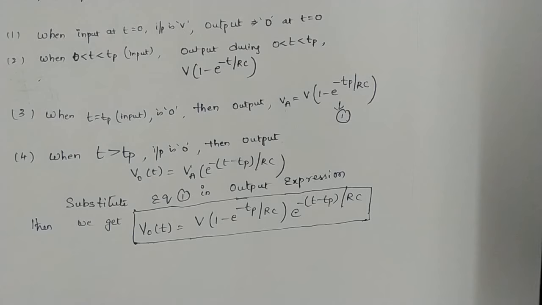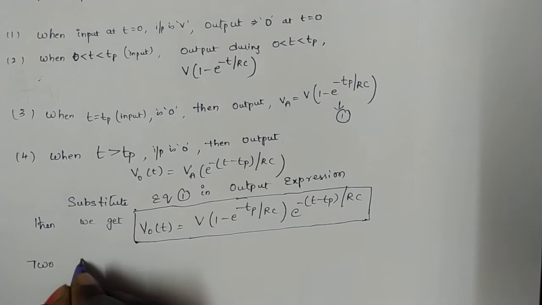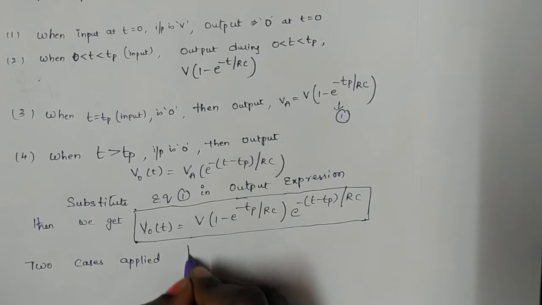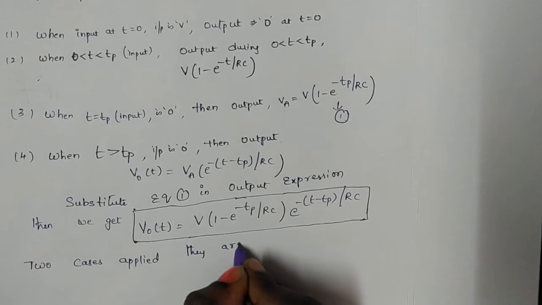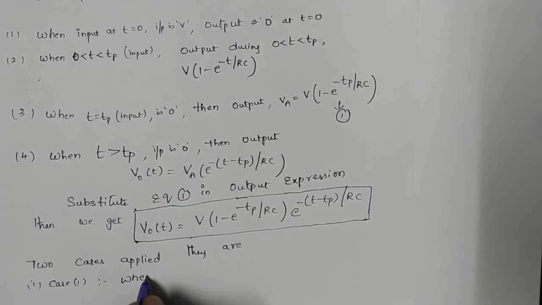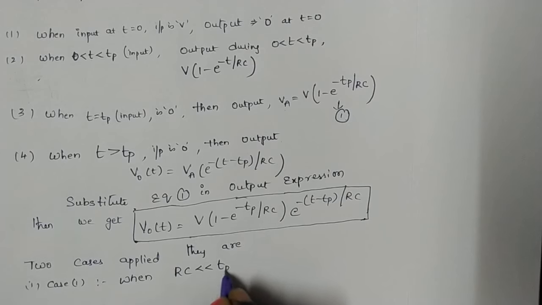Here also we have two conditions. One is RC is greater than Tp and another one is RC is less than Tp. Okay, so there are two cases. They are: first one, case 1, when RC is far less than Tp.